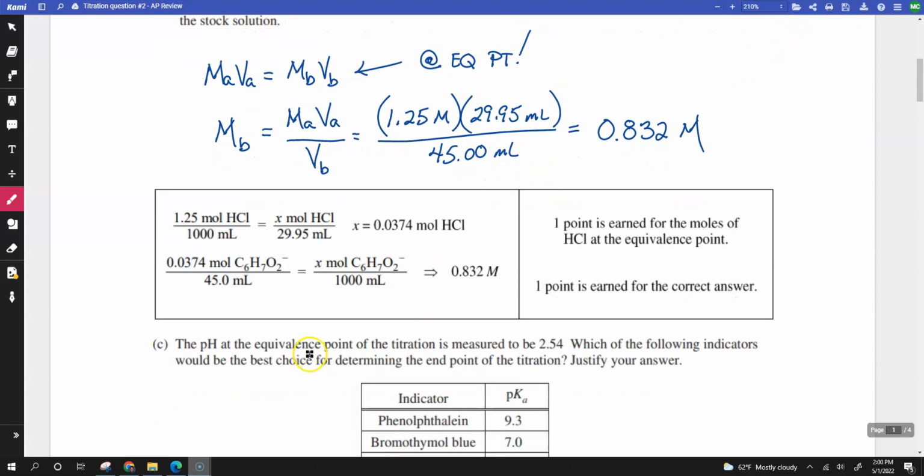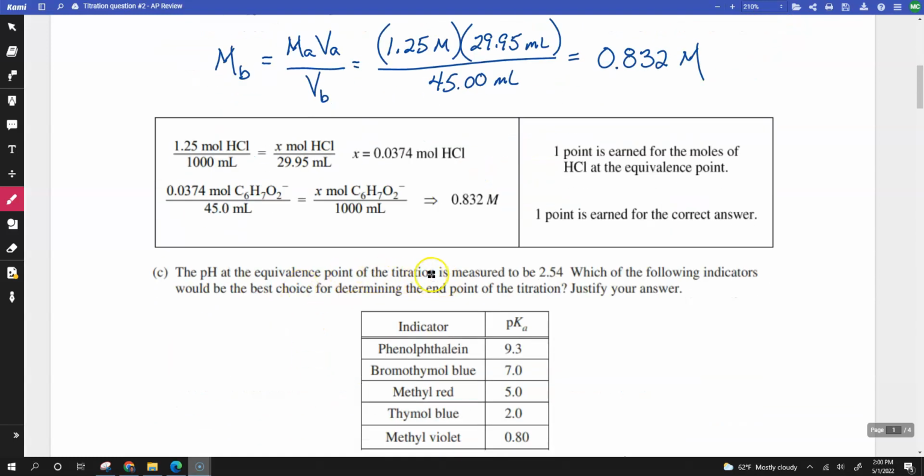Part C says the pH at the equivalence point of the titration is measured to be 2.54. Which of the following indicators would be the best choice for determining the endpoint of a titration? And then justify your answer. Again, when you're given a list of indicators, you want to find the indicator that is closest to this pH.